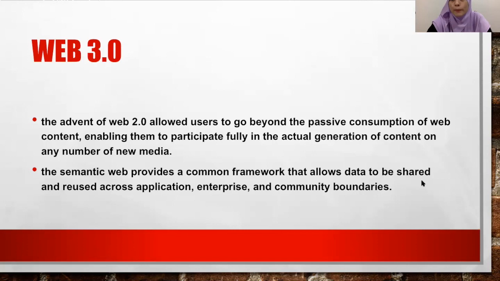So what is this Web 3.0? The semantic web provides a common framework that allows data to be shared and reused across application, enterprise, and community boundaries. What you will see in this topic is the evolution of the internet.